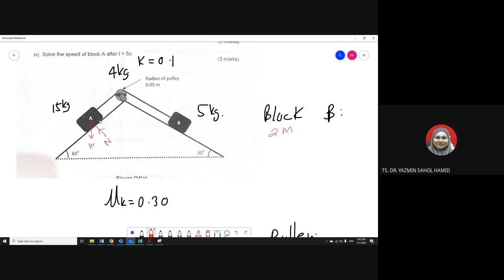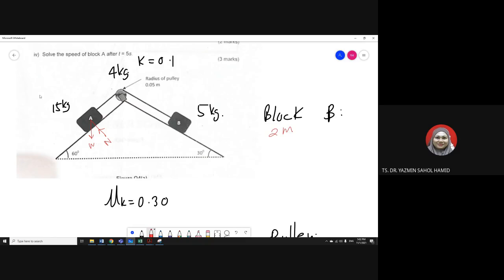Okay, for this question, did it mention the direction of the block? Okay, it didn't mention the direction of the block.